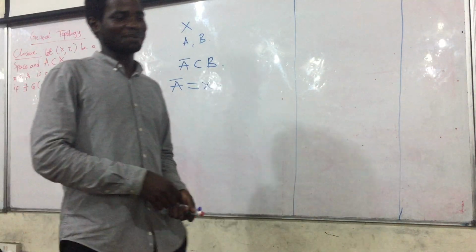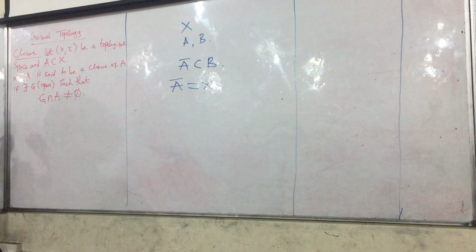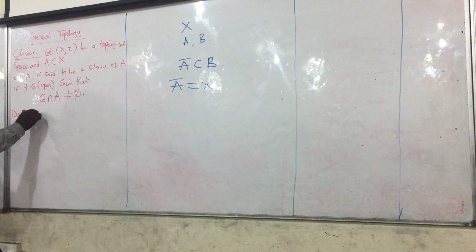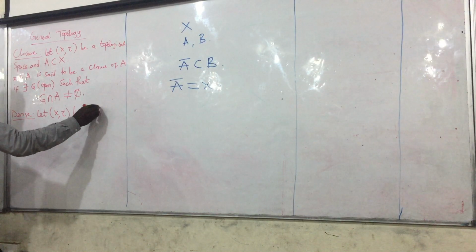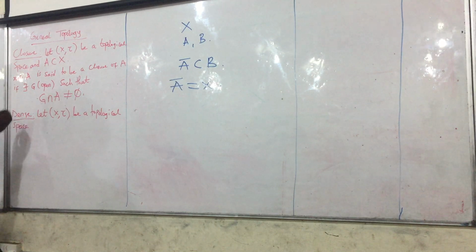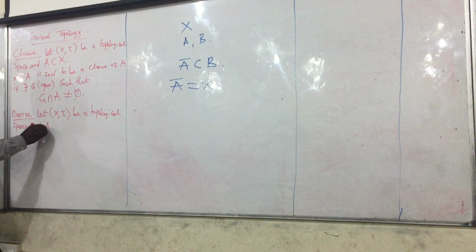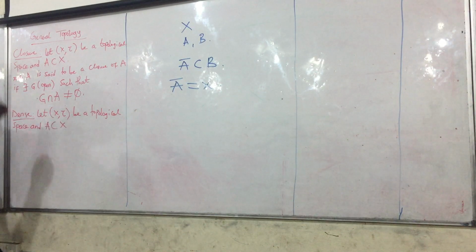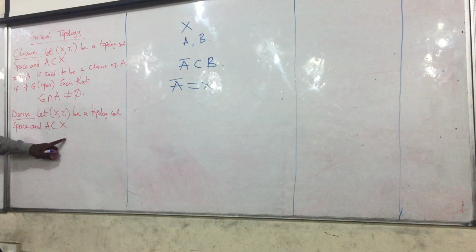Well, it's okay. Definition. Let's go to the next one. I'll still tell you why. Dense, rather. Let S be a topological space, right? And A be inside S. Do you get that?